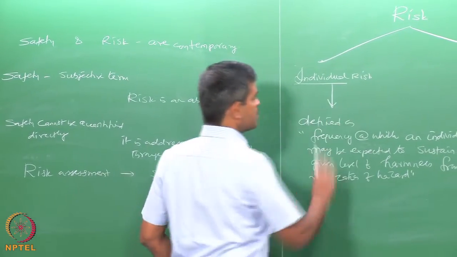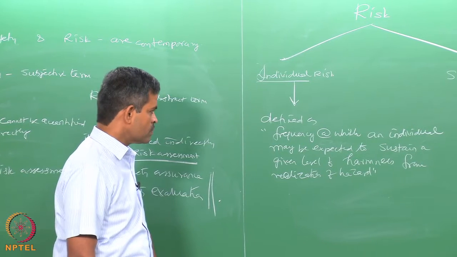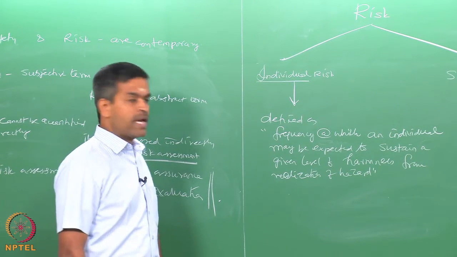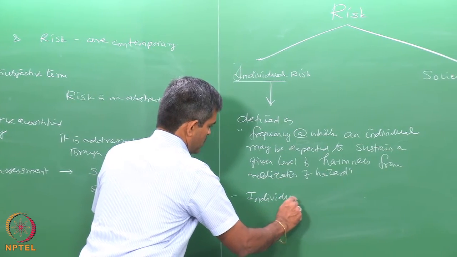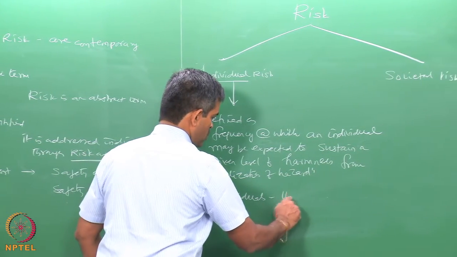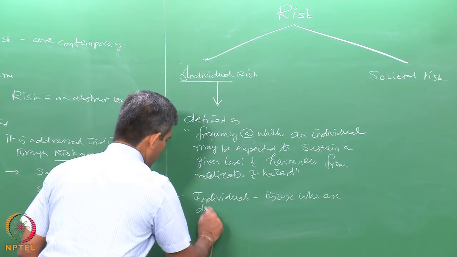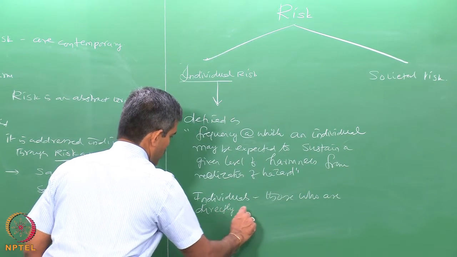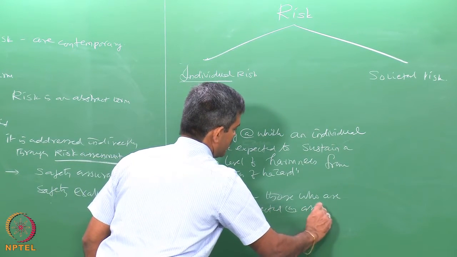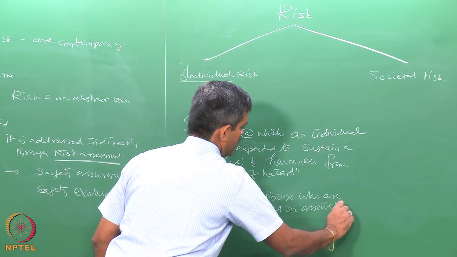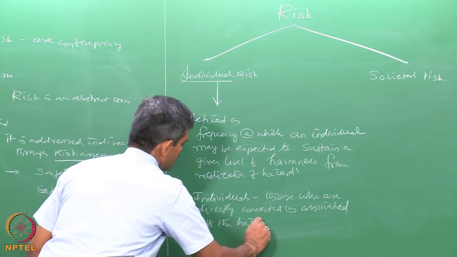Individual is a term related to a single person, maybe a group of people who are directly connected. Individuals are those who are directly connected, or one can say associated, with the hazard.